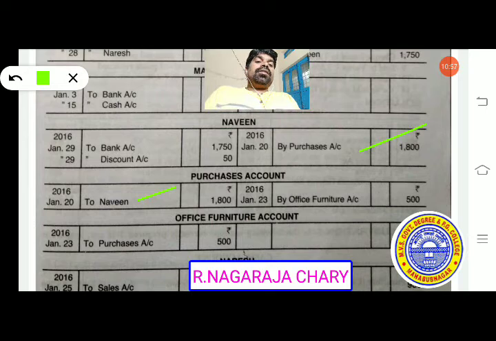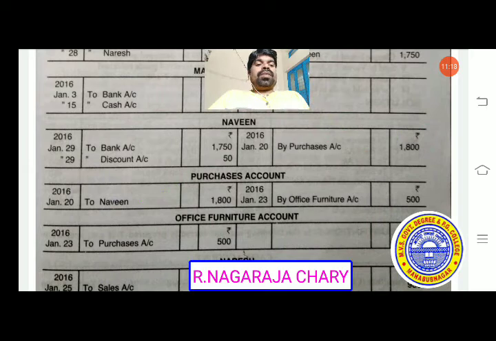When it is on the debit side in the journal entry, you have to write on the credit side, right? So both the aspects are recorded into concerned accounts, right?